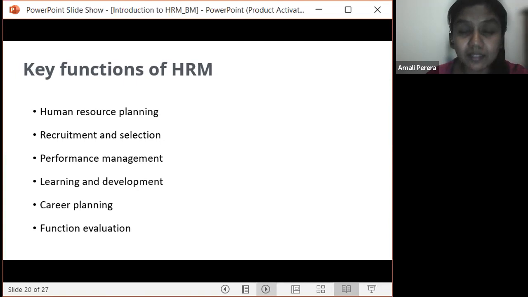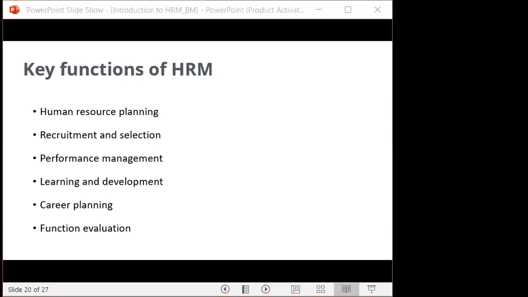But there are certain HR functions which are common, famous, and everybody has to use, such as HR planning, recruitment and selection, performance management, training and development, likewise. So now we are going to see one by one what those functions of HRM are. We'll start from HR planning.